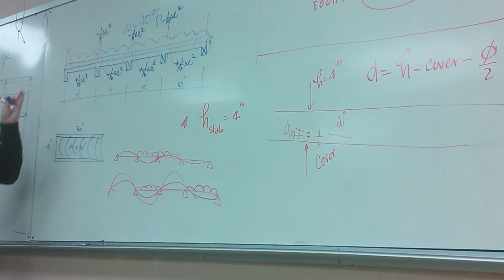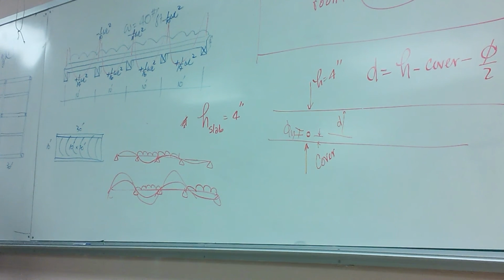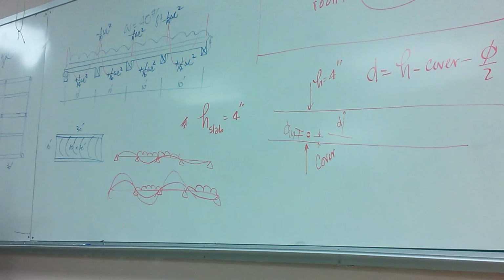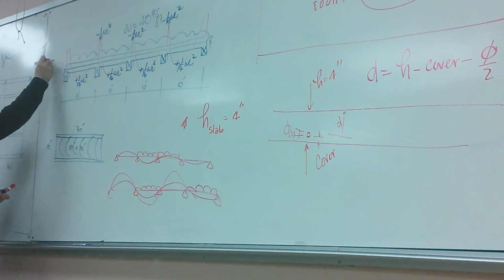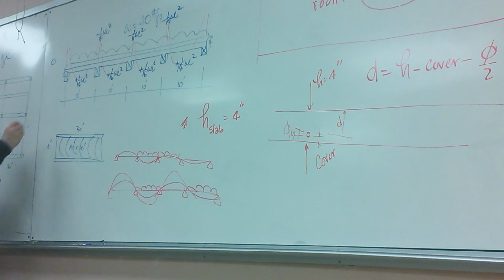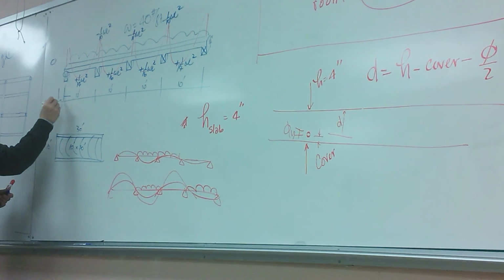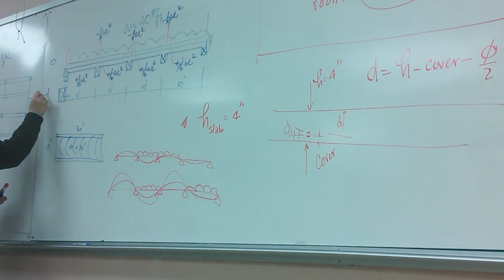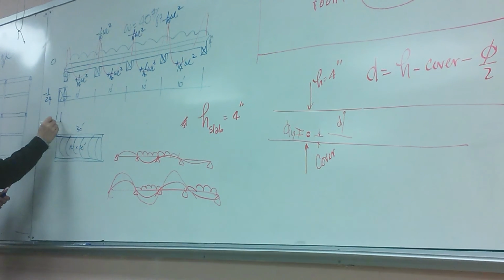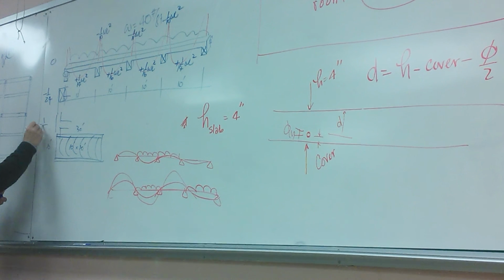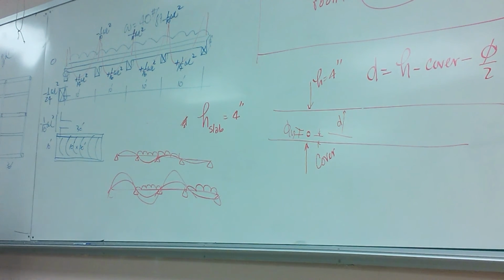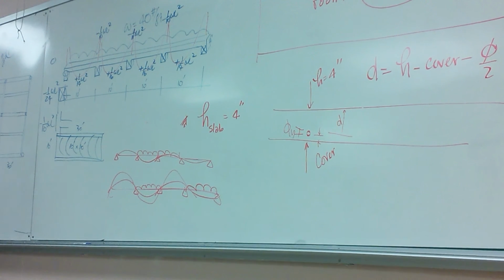Now, at the end, there can be 3 possibilities. If it's a roller, which usually we don't have, it will be 0. If it's a beam, minus 1 over 24. If it's a column, minus 1 over 16. For the negative moment at the end, it can have these 3 numbers.